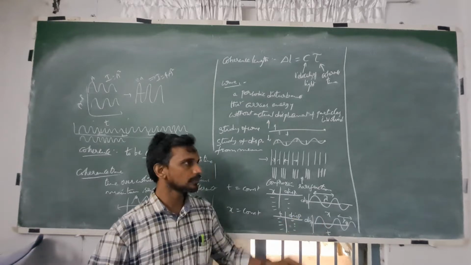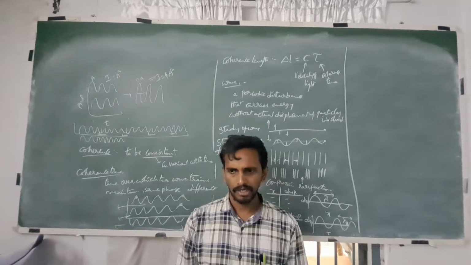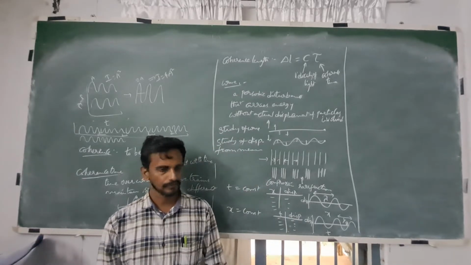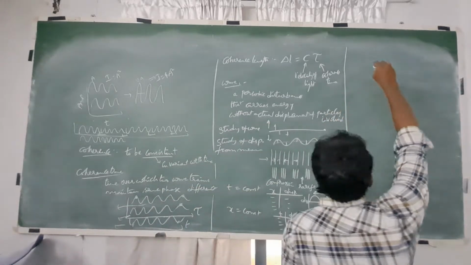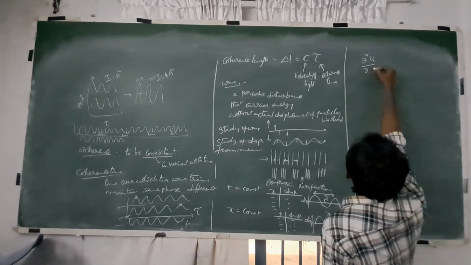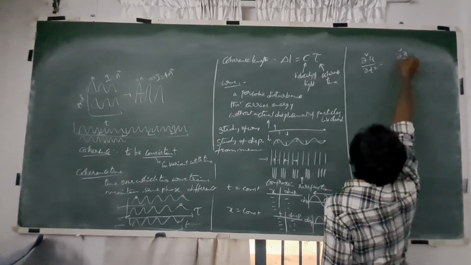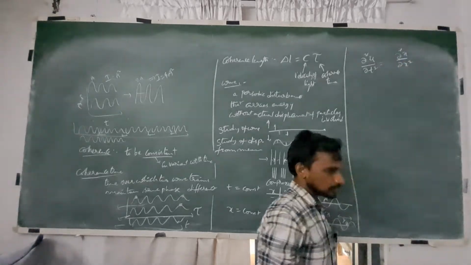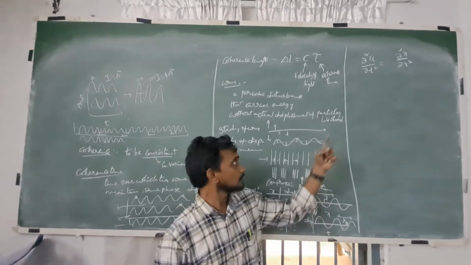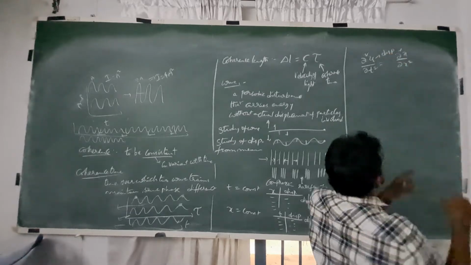Okay, so these are the two different studies for the same system, and they should represent the same story, right? So they should be connected. So the connecting parameter, the equation, is this. There should be some equation connecting these two studies: the variation of displacement as a function of time and as a function of space.